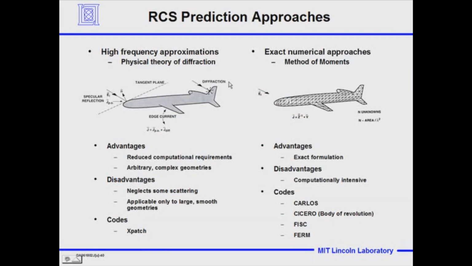And we have a lot of different prediction approaches, and I'm just going to go through a few of them. And as you can imagine, they divide up into different methods. There's a high-frequency approach, and one of the more sophisticated ones that's actually used is the physical theory of diffraction, where you generate currents on the object as a whole, and then you look at diffraction and edge currents and add those in, and then you solve Maxwell's equations, solving these integral equations.